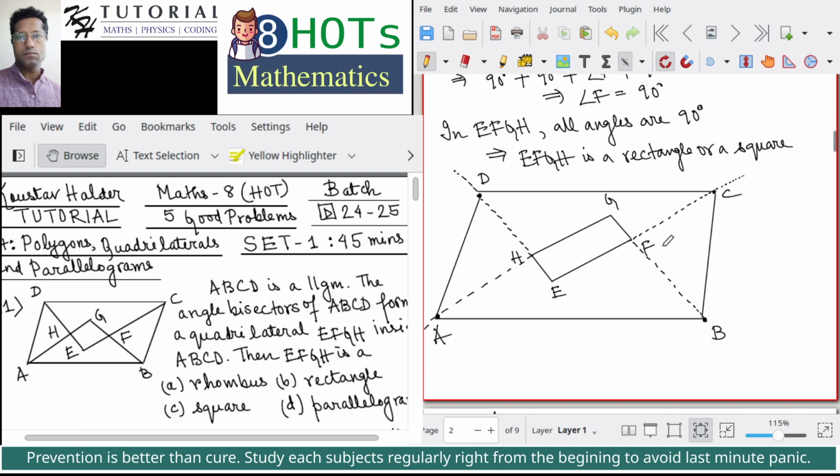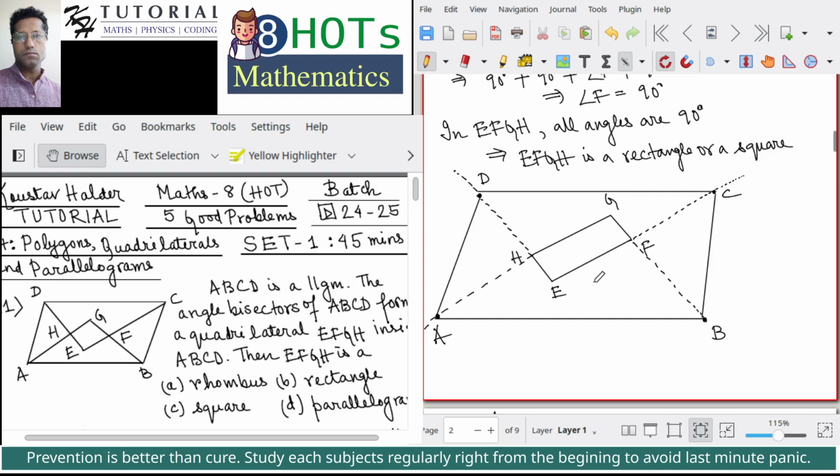Anyway, I just showed you that the angle bisectors of a parallelogram ABCD can also form a rectangle inside. So this problem does not guarantee that the inside quadrilateral EFGH will be a square.